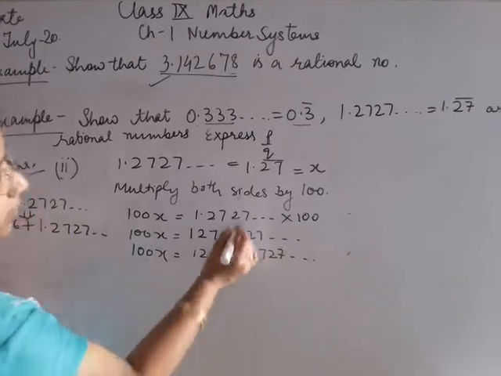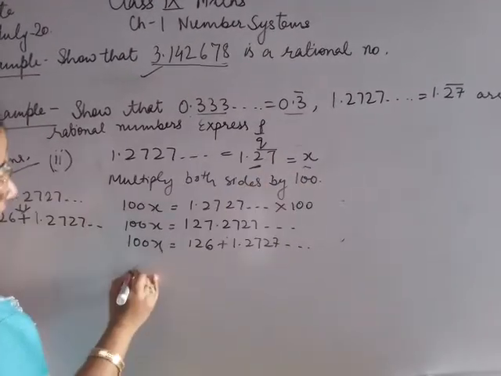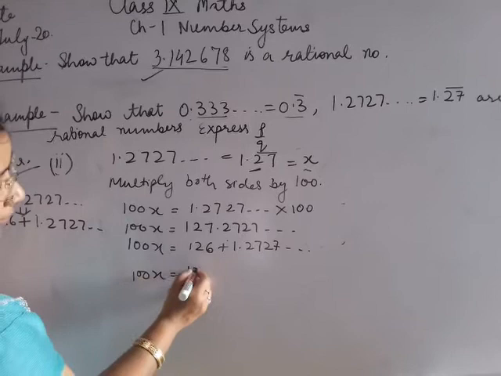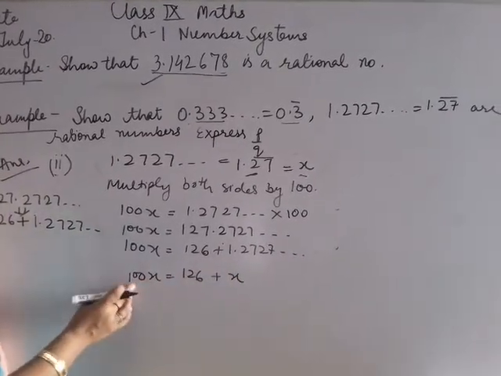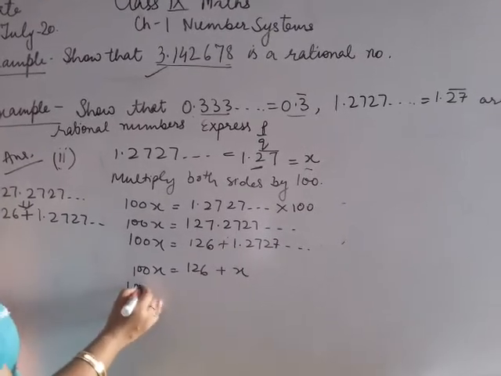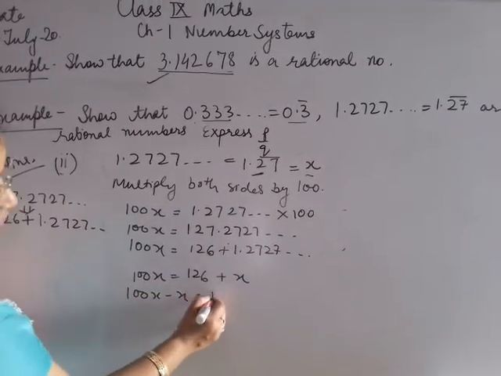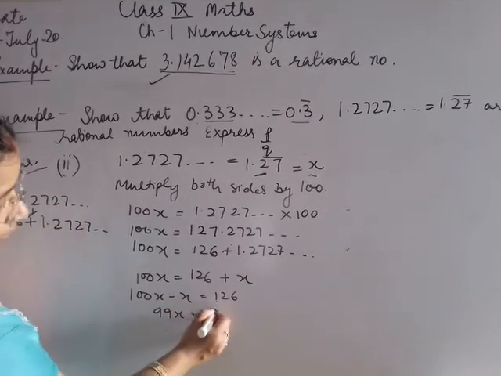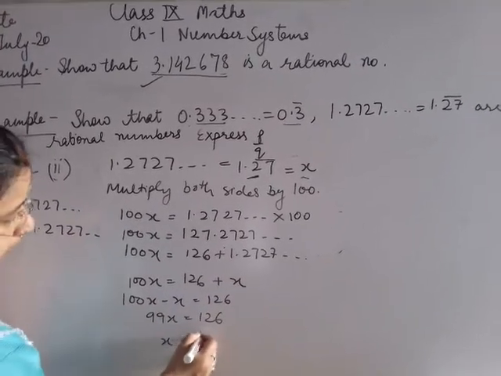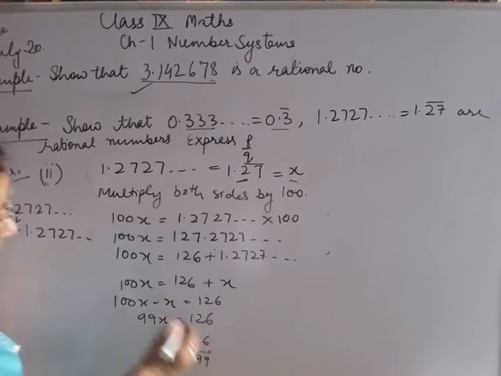This is equal to x. So we'll replace the value for this as x. So 100x minus x is equal to 126. So 99x is equal to 126. So x is equal to 126 upon 99.